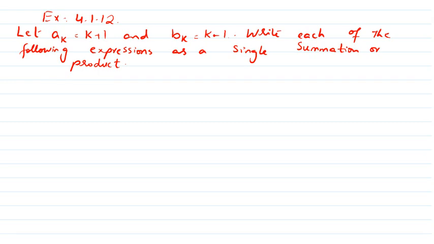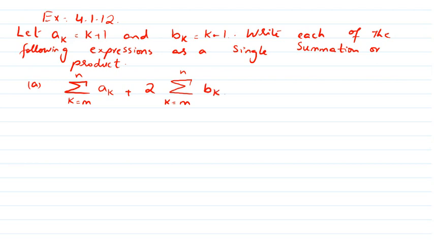Okay ji, let's solve it. The first one is the summation from M to N A of k plus 2 summation k from M to N B of k.